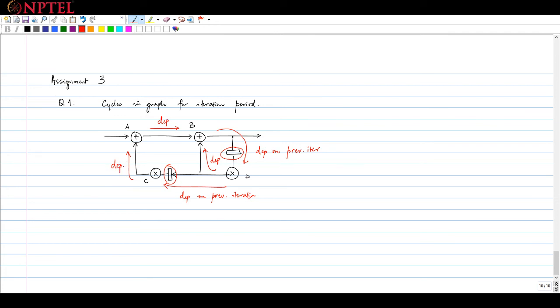So all of these edges that I have marked in red, which show dependencies, need to be taken into account, and as discussed in the lecture, we can write down timing constraints corresponding to each of these edges.